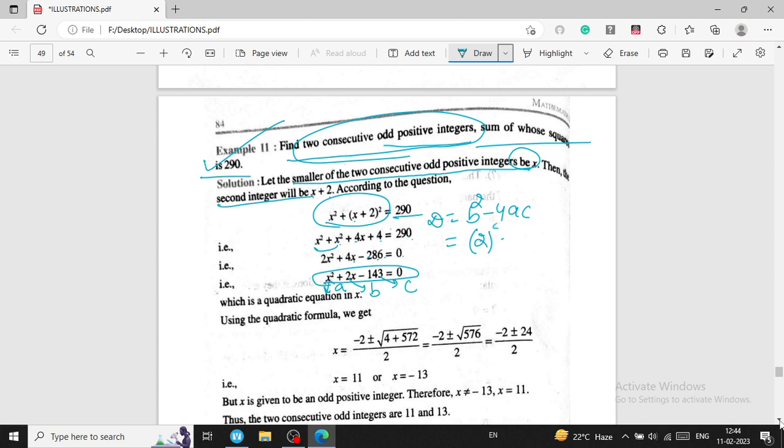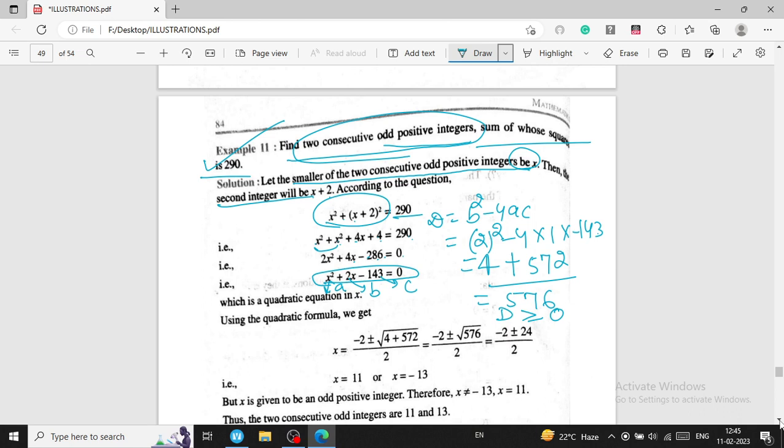So 2 square minus 4 multiply a is 1 and c is minus 143. 2 twos are 4, minus minus plus, and we will get 576. D is greater than or equal to 0, so we can say roots are possible.